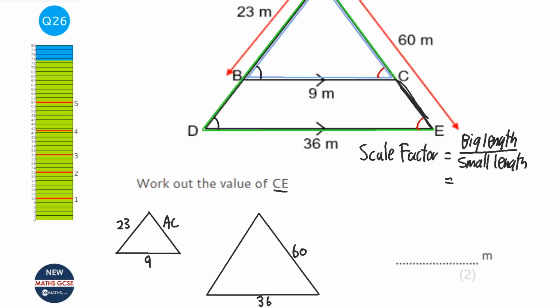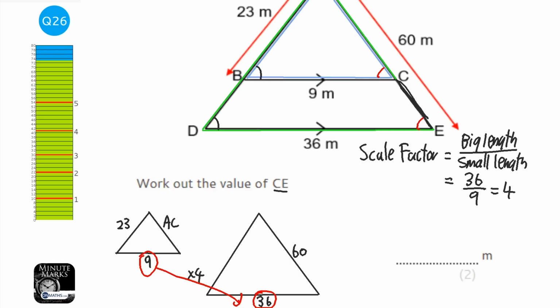Okay, so the two I'm going to pick is obviously the bottom two, and we're going to find out what we times 9 by to get to 36. So 36 over 9, and that's obviously going to be 4. Okay, because 4 times 9 is 36. So we know we times that by 4, so the scale factor is 4.